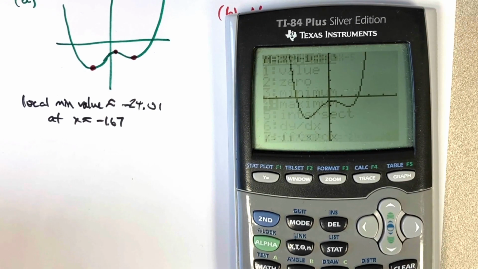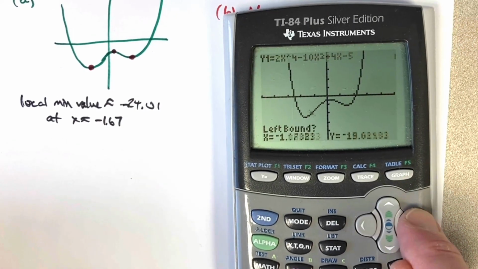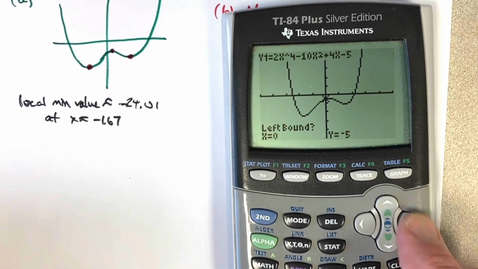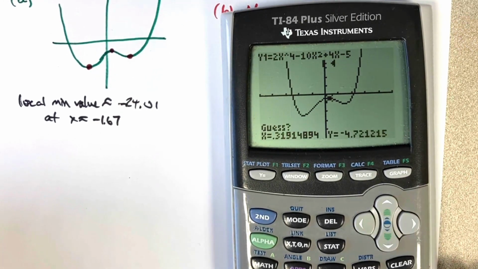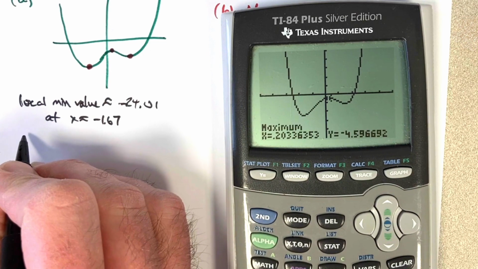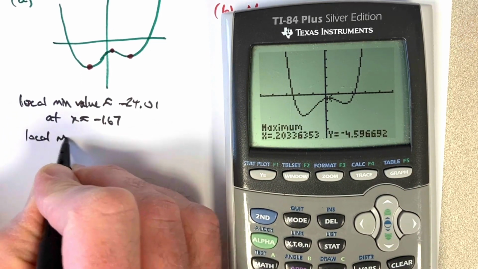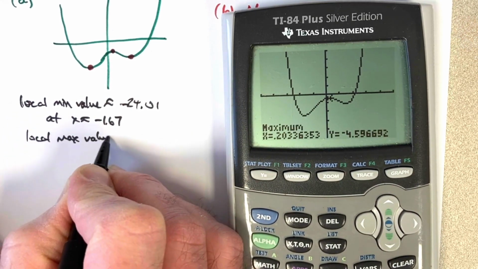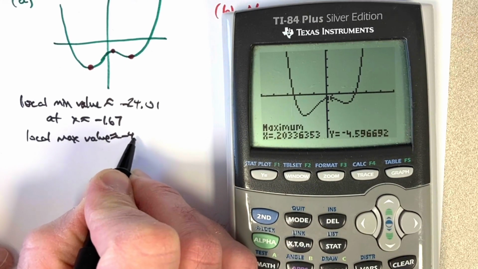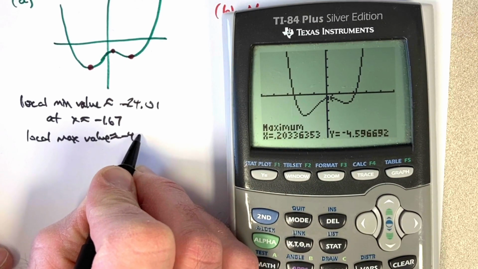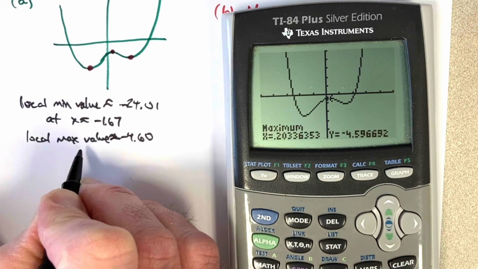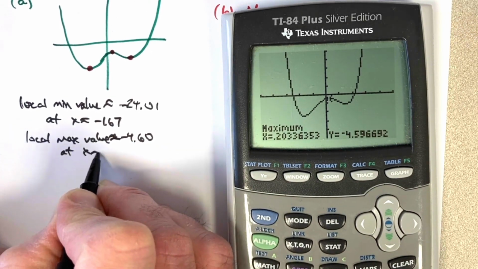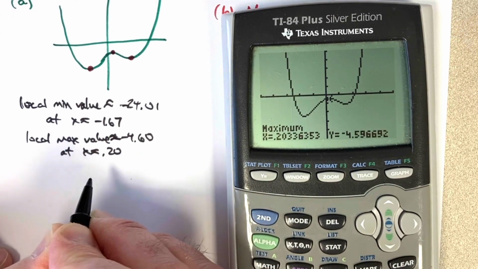It's a local maximum: left bound, say right around here, right bound, right around there, and guess right around there. Local max then is the y-coordinate there, negative 4.596, which rounds to negative 4.60, at x approximately 0.20.